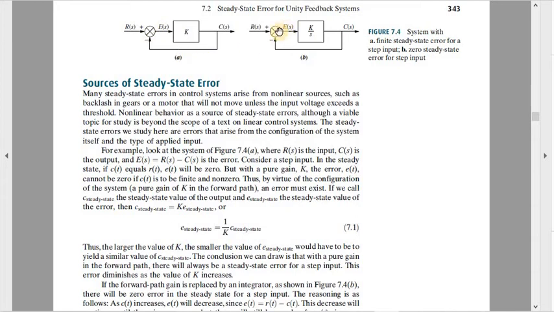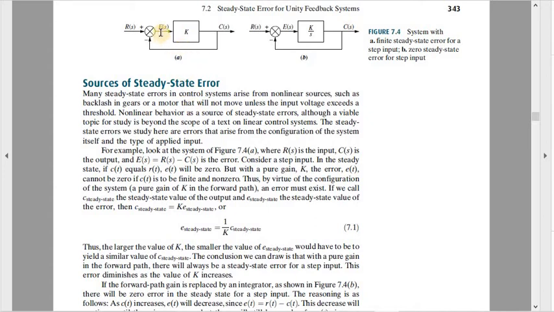This is the first one and this is the second one. The first one has finite steady state error for step input, and the second has zero steady state error for step input. If I give a step input here, we have a finite error. If I give a step input here, we have zero error. So what happened?